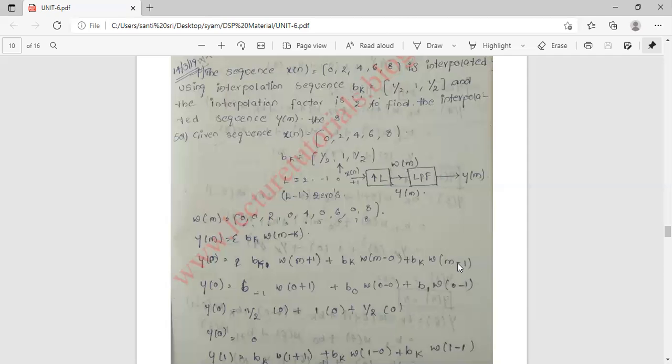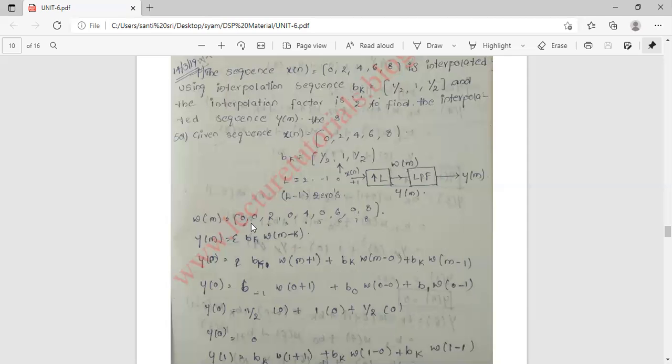Okay, now here the value of b of minus 1 is 1 by 2, b of 0 is 1, and b of 1 is 1 by 2. So what is the w of 1 value? 0. w of 0 value is 0. w of minus 1 value is also 0.